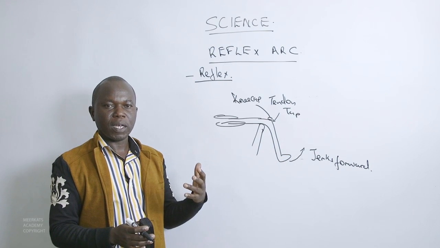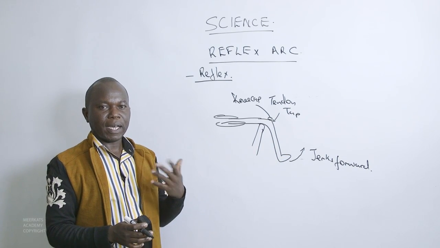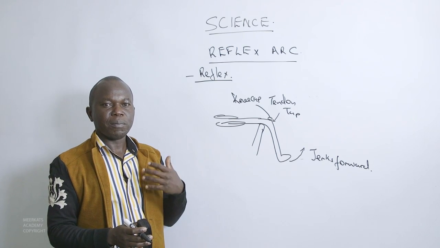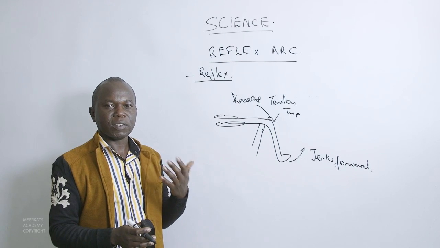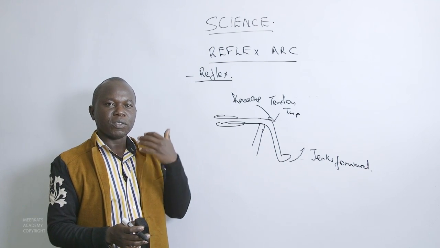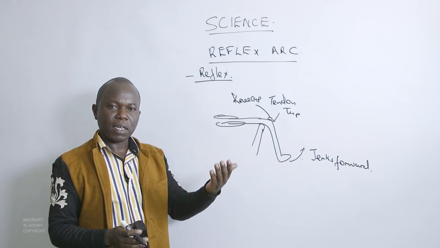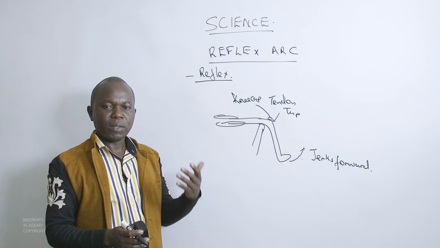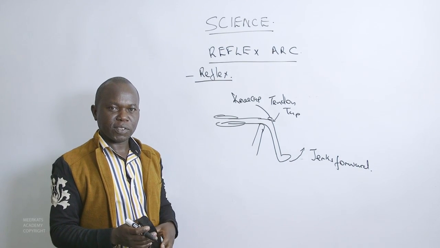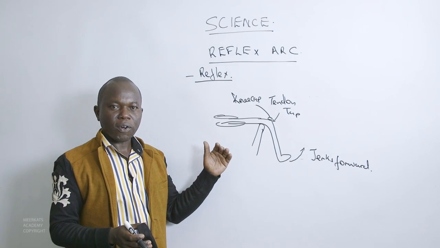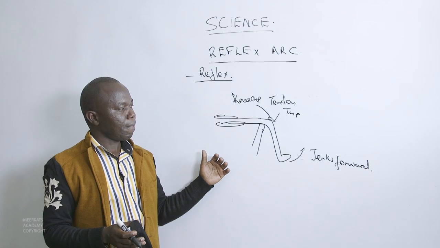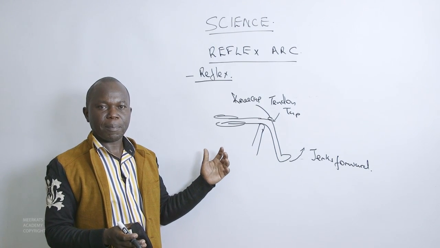Sneezing, when you inhale dust, for instance, there will be a reflex of sneezing. Coughing is also a reflex, so that if we have particles going down the respiratory system, they come out. When you smell very nice food, the food that we like, or just by sight, there's a reflex that will happen.